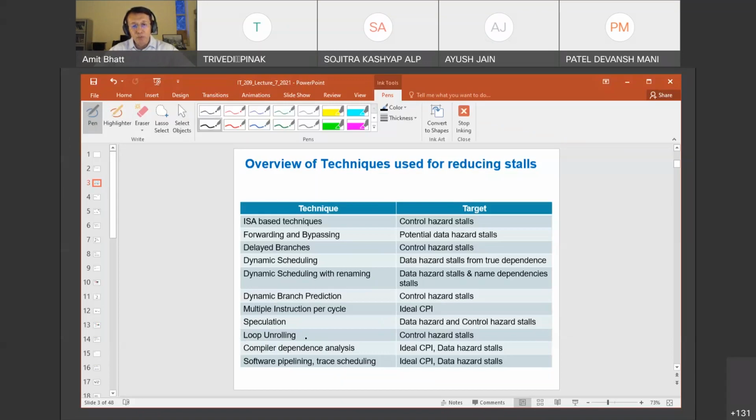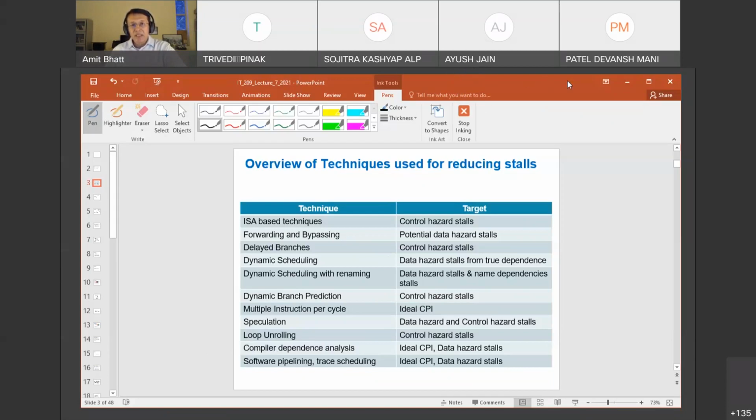And then compiler dependence analysis. These things we have not seen, and we cannot do it right now because the compiler is not part of this course. And then finally, we just mentioned software pipelining and trace scheduling.